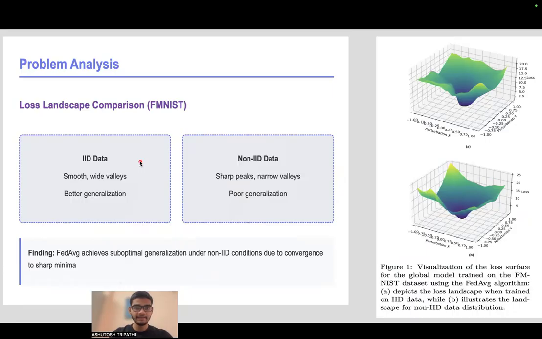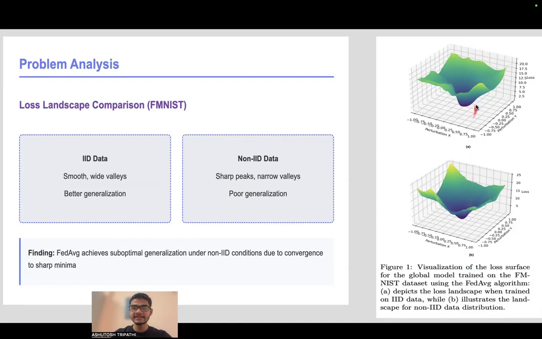For this, we have trained two federated models, one on an IID dataset and one on a non-IID dataset, and we have plotted their loss landscapes. What we observe is that for the IID data, we get smooth and wide valleys, compared to the non-IID data where we get sharp peaks and narrow valleys.